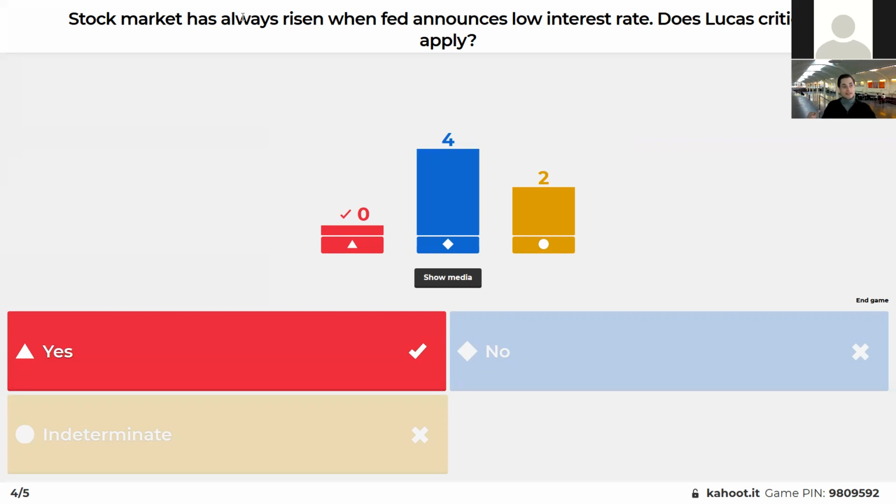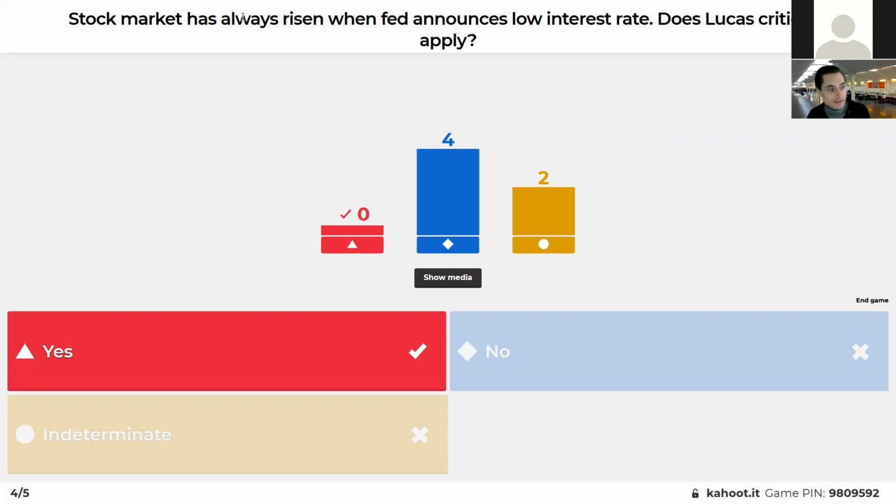If I change one of the policies, it could very well change this statistical relationship. Most directly, suppose that the Fed changes the way that it sets interest rates, it changes its policy rule. Then that might very well change the relationship between the Fed's announcements and the stock market.